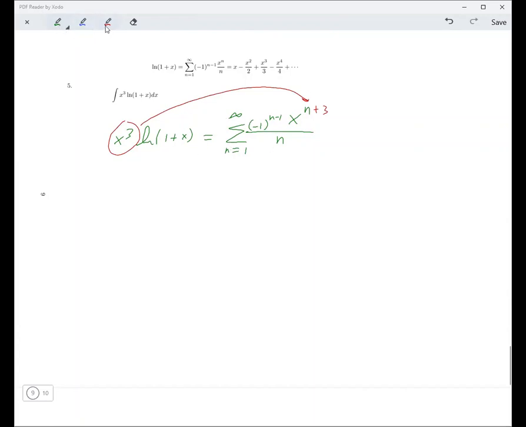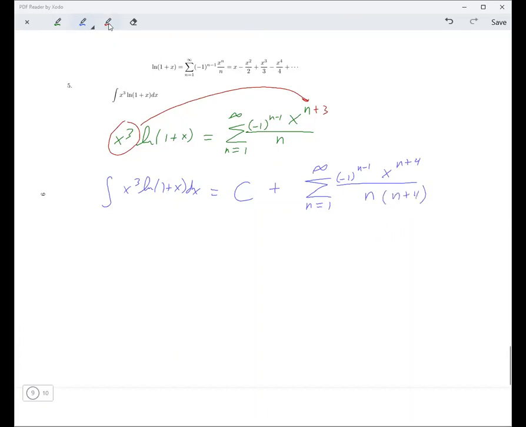Now, the integral. Now, of course, when you do integrals, you're going to have a constant, because this is an indefinite integral, so you'll have a constant. So that means that there's many solutions to this, all differing by a constant. Okay, so let's see, negative 1 to the n minus 1, that's a constant, so it doesn't change. The n's a constant. This is what you want to take the antiderivative of, and that will be x to the n plus 4, and then divide by n plus 4.